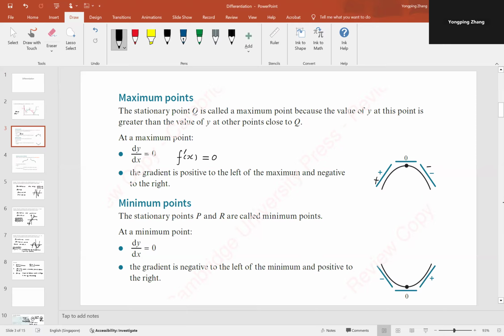So this one is concave down. So the second derivative is less than 0. So this is the maximum point.